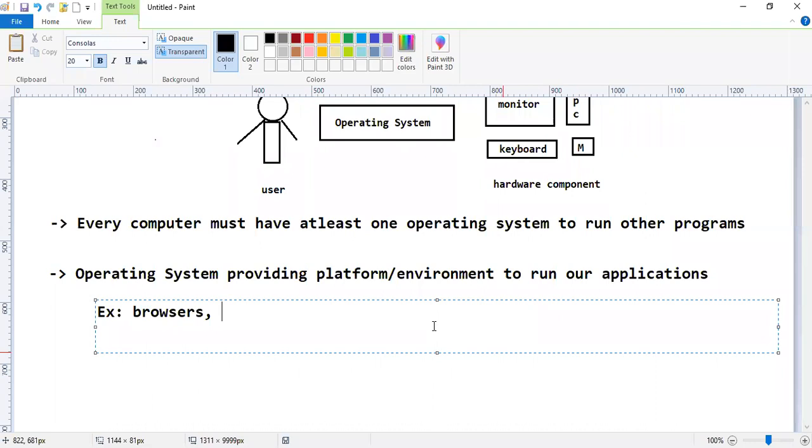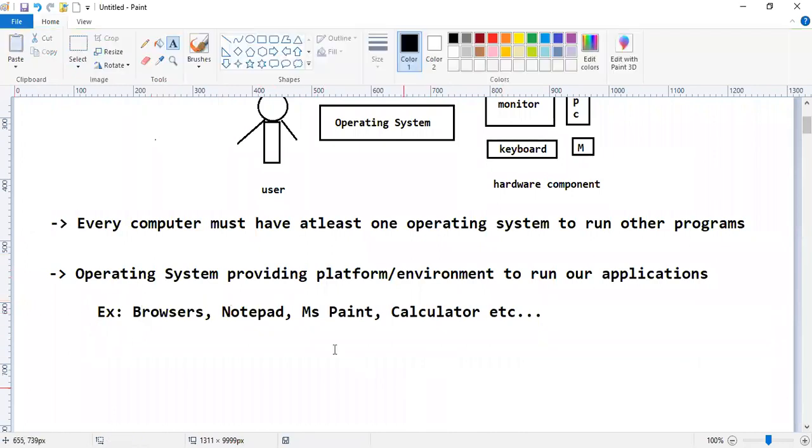Notepad is one program. MS Paint is available, that is also one program. Calculator is available, that is also one program, etc. So in order to run these applications, we need some platform. That platform is called the operating system. The operating system provides the platform or environment to run our applications.